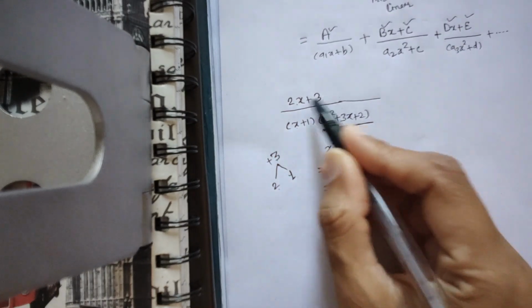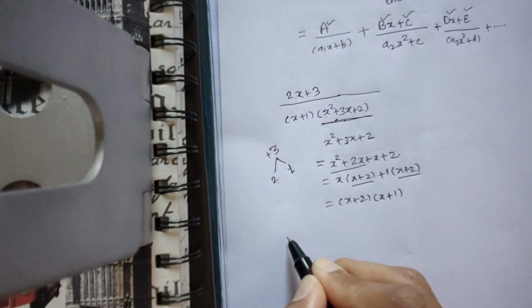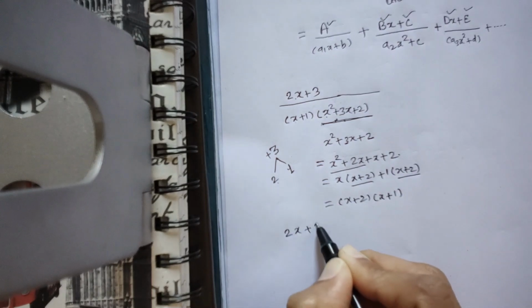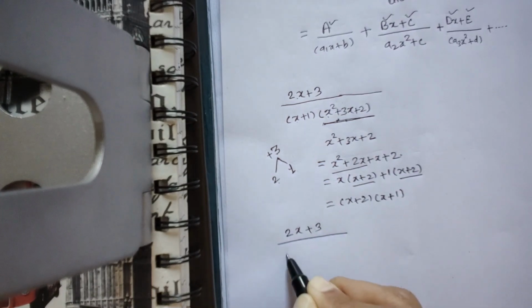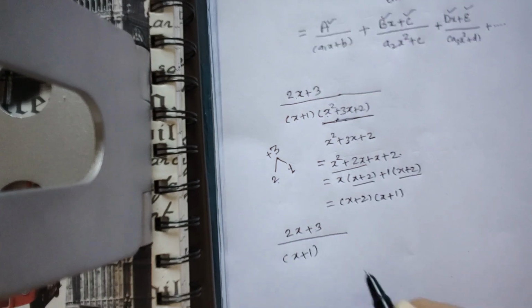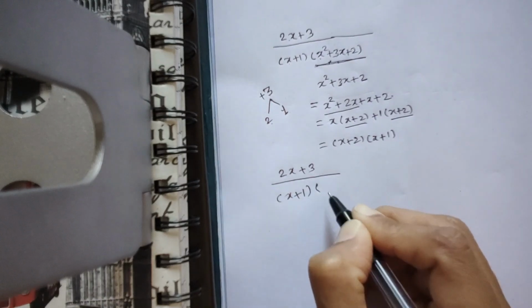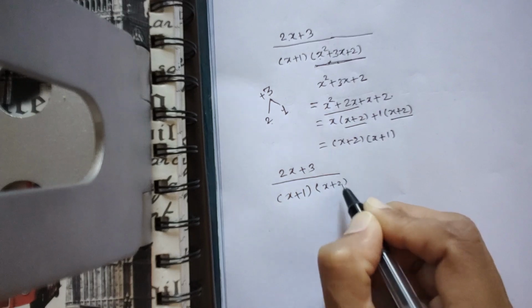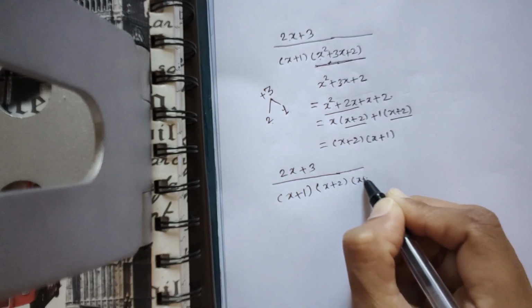So I write this as 2x plus 3 upon x plus 1 into x plus 2 into x plus 1.